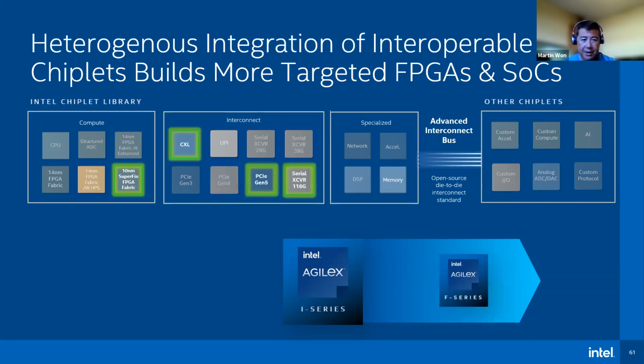Next slide. The other Agilex series shown here is the I series, and we use the same 10 nanometer SuperFin FPGA fabric chiplets as in the F series that I just showed you, but paired now with different combinations of interface chiplets, this time providing PCI Express Gen 5, Compute Express Link or CXL, and transceiver data rates up to 116 gigabits per second.